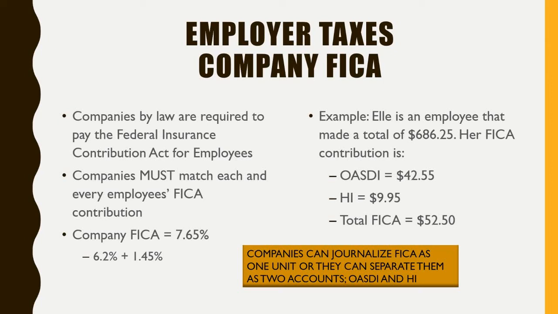So if L earns $686.25, that's what's going to be based off of. So that means every individual that you are calculating for their payroll for the employees and their check, you also have to make sure that you also cover their portion for having that individual person as an employee.